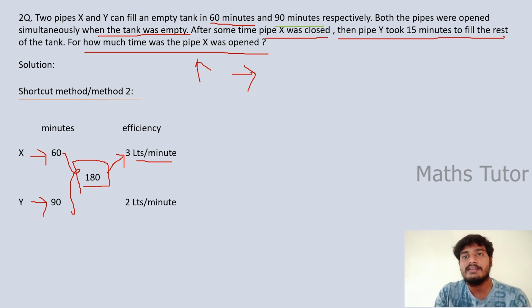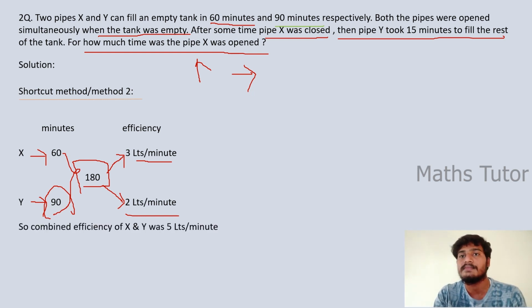The efficiency of Y is 2 liters per minute, got by dividing 180 by the total time taken by Y, that is 90 minutes. 90 twos are 180, that is 2 liters per minute. So the combined efficiency of X and Y is 3 liters of X plus 2 liters of Y, that is 5 liters per minute.